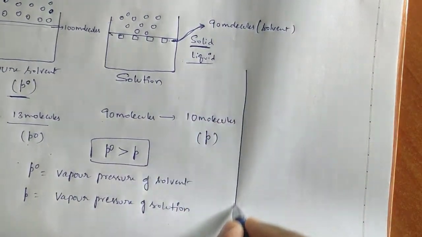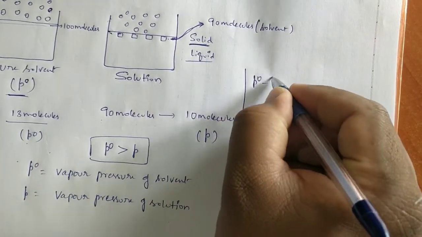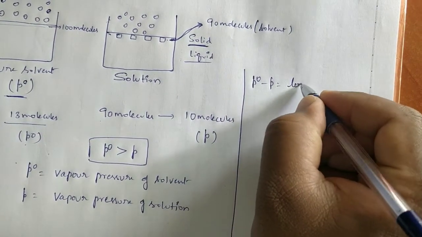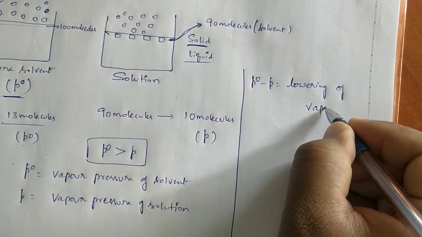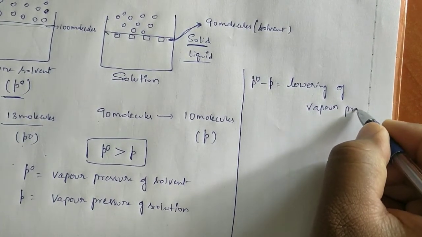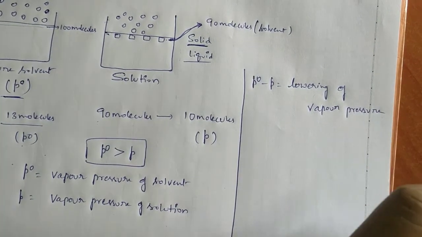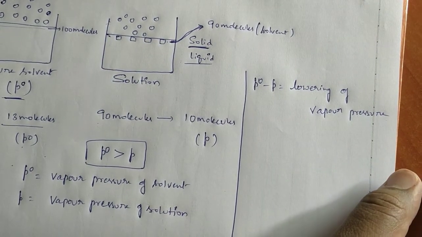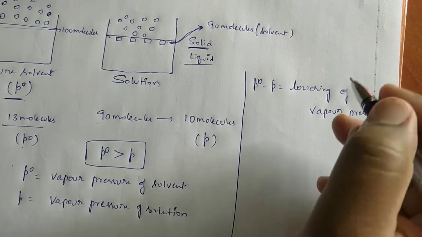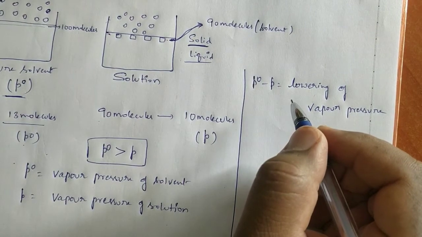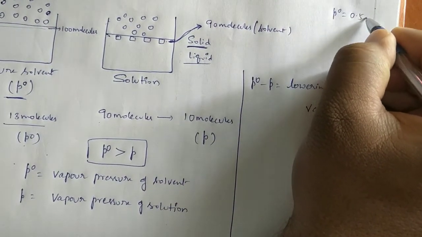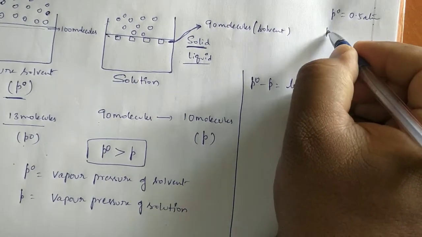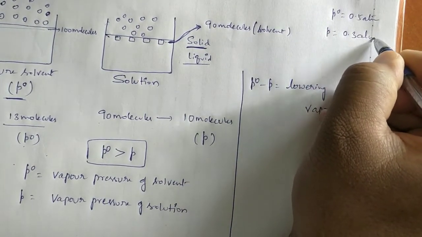Now, P0 minus P is called lowering of vapor pressure. Initially P0 value is 0.5 atmosphere, P value is 0.3 atmosphere.